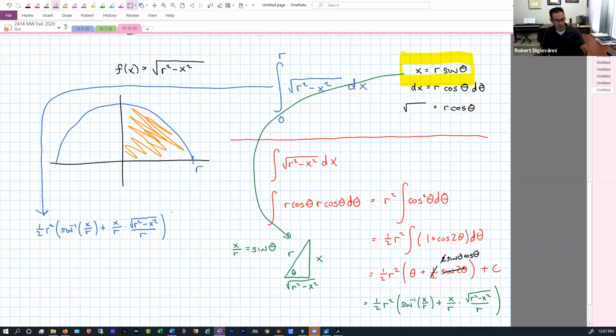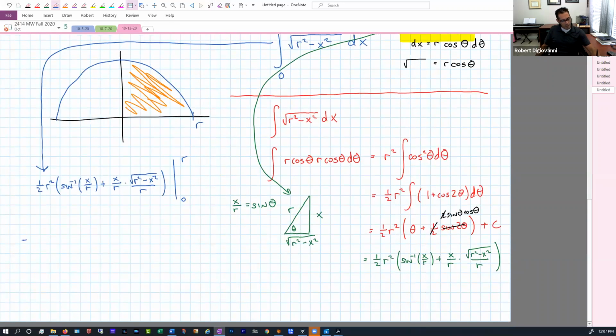That's my antiderivative evaluated from 0 to r. I'm going to plug in, get something here and then something here.